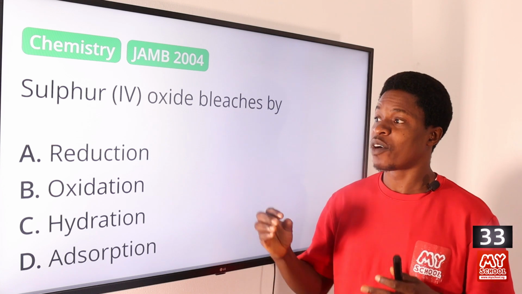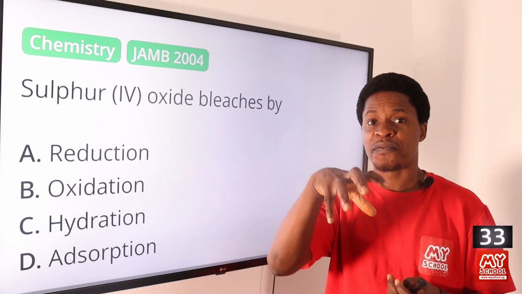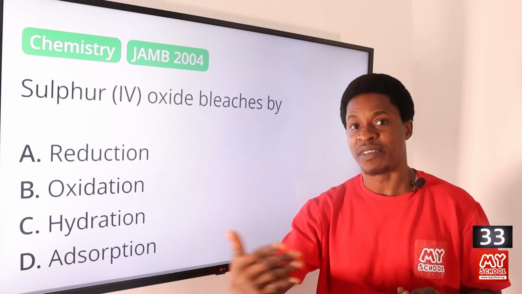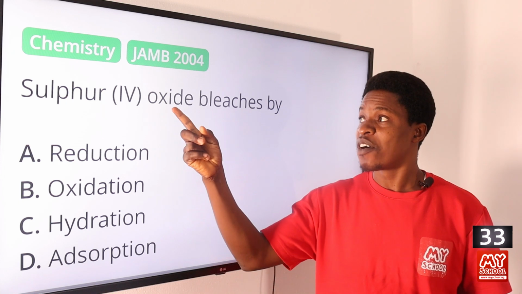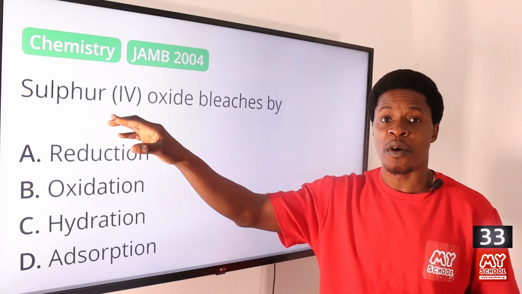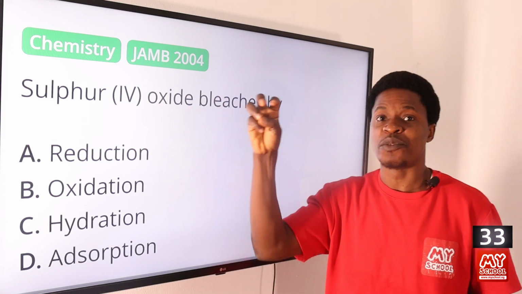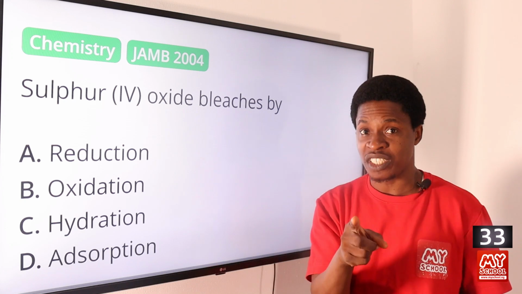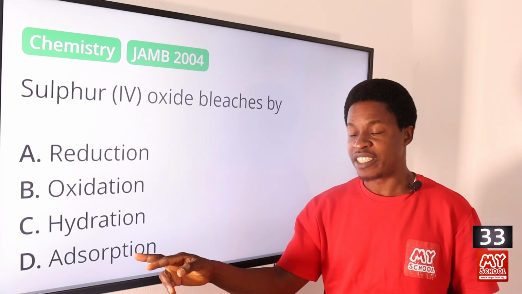In this case, oxygen is present in the fabric that needs to be bleached, on the surface. So sulfur IV oxide bleaches by reduction, from SO2 to become sulfur, and the oxygen is removed. Removal of oxygen is reduction. So it is not by oxidation, it's not by hydration, it's not by adsorption.